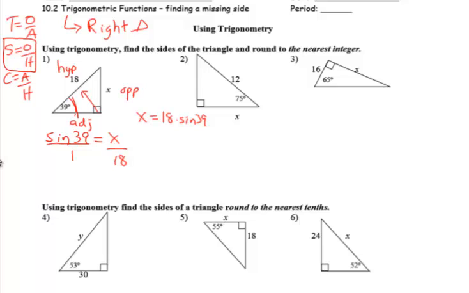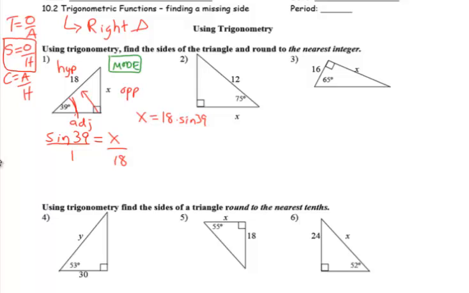Now, at that point, it becomes a calculator function. But what do we want to remember about our calculator? Well, we talked about that yesterday. We want to remember our mode has got to be in degrees. I wish I could show you that calculator, but I don't have that set up right now.